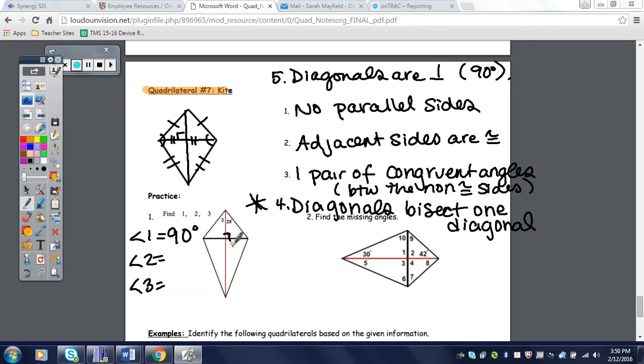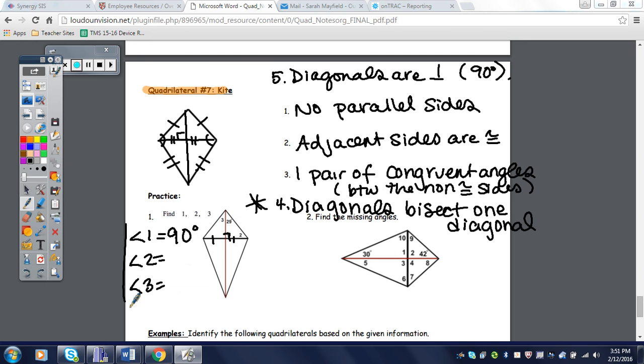Also angle 2, you can easily find that out based off of the triangle there. And I don't have a calculator on hand, so I want you to be able to calculate that to figure out angle 2. Alright, and because these bisect each other, you can also assume that your angles here are bisected on a kite. So you could also say angle 3 would also be 29 degrees.